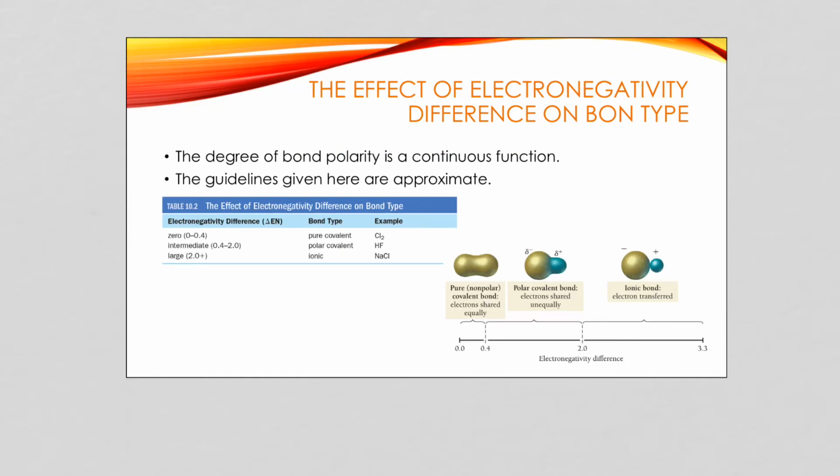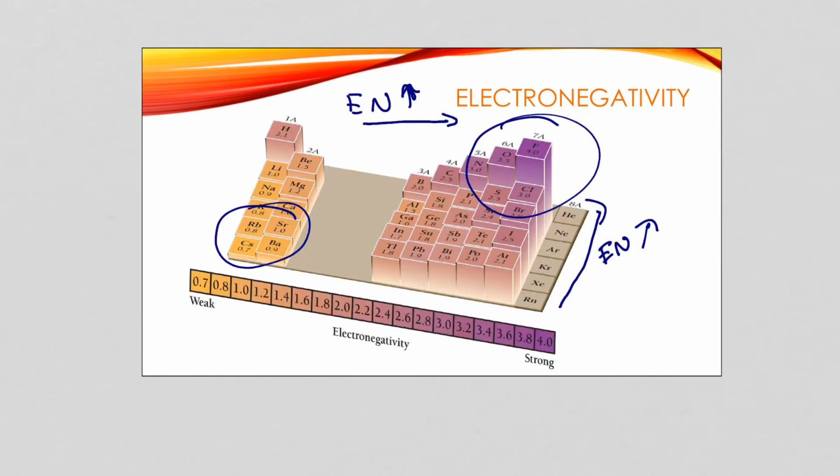So the way we use these is if we're looking at a specific bond. So let's say we're looking at our OH bond. Now, if we go back to our table, we saw that O has a value of 3.5 and hydrogen has a value of 2.1.